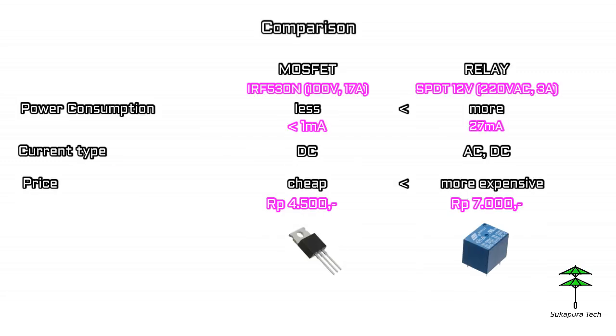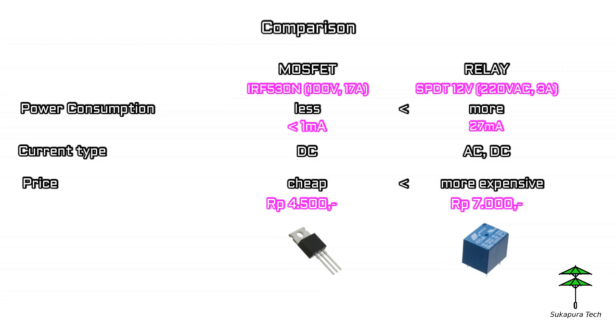And here is the last. I tried to do a fair comparison, but it's a little difficult. I compare a bare MOSFET IRFU530N, which has a rating of 100 volts and 17 amps, and a bare relay SPDT 12 volt, which has a rating of 220 volt AC and 3 amps.